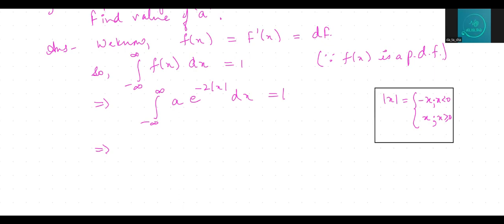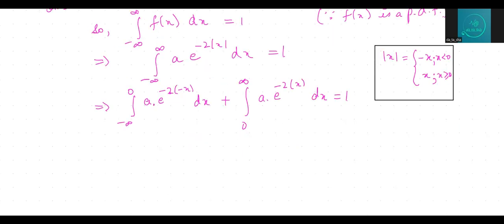So we'll be breaking this as the integral from minus infinity to 0 with minus x, dx, plus the integral from 0 to infinity with plus x. As a is a constant term, it will come outside, and we are just left with e raised to the power 2x dx.